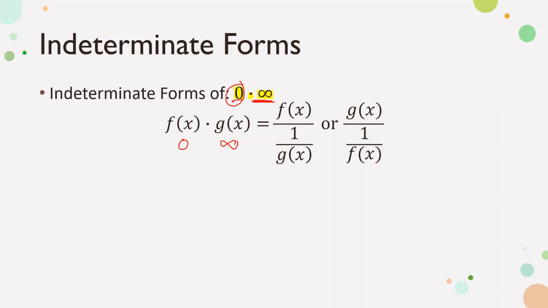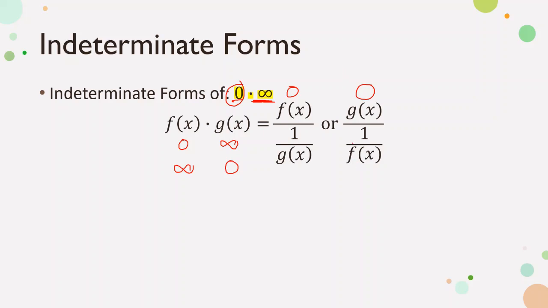Again, if f of x would be 0, that should be the value at the top. So our numerator would be the term that became 0, and the g of x would be the term that would be in the denominator. Now, if g of x would be our 0 and f of x would be infinity, that's the time g of x is at the numerator and f of x is at the denominator.